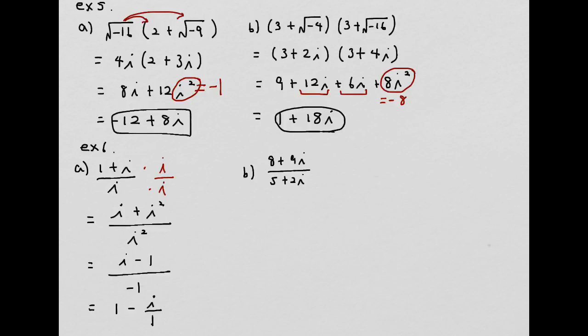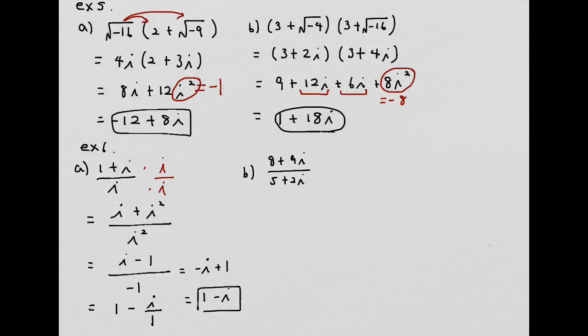Let me see if I can rewrite this. If I apply -1 to the numerator, I will get -i plus 1. And when we rewrite this into standard form, it will be 1 minus i, right? Either way, the solution will be the same. It's just a different order.